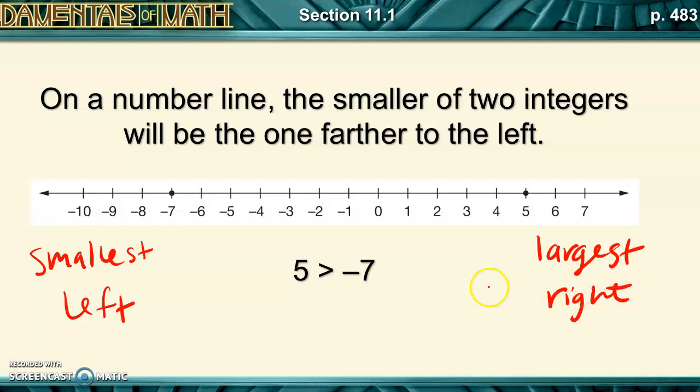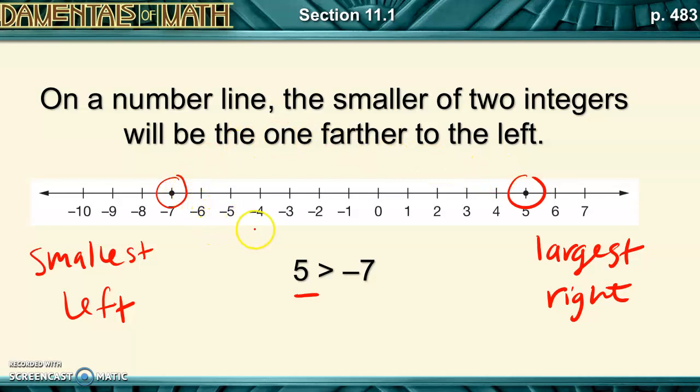So one test we can use to see which number is bigger is that the one on the left is always smaller. We have two examples right here. We have -7 and 5. If I was trying to compare 5 to -7, which one is larger? Well, in this case, 5 is larger. Why? Because it's more on the right. It's a positive value, and all positive values are bigger than negative values.